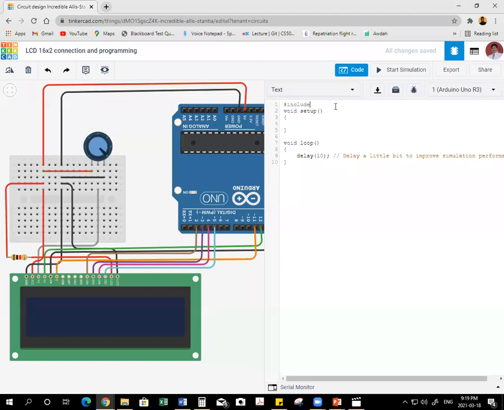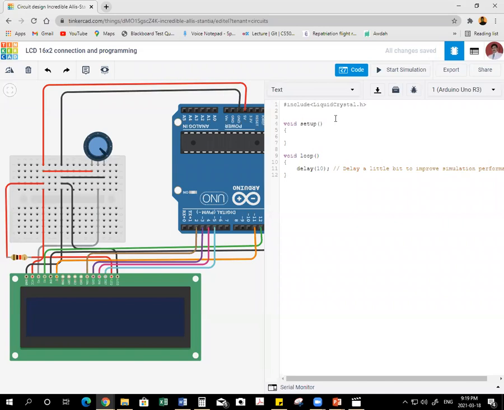Include, #include less than, this is your #include LiquidCrystal.h library, from where you will get the LCD output, the LCD program.